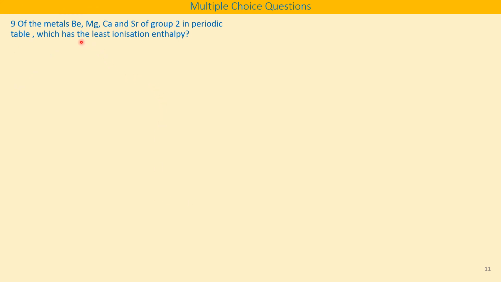Of the metals beryllium, magnesium, calcium and strontium of group 2 in the periodic table, which has the least ionization enthalpy?